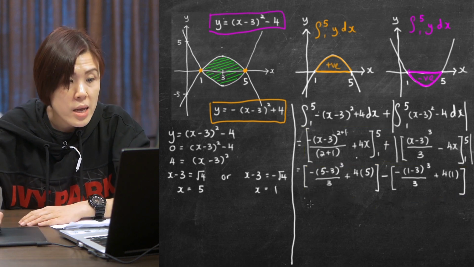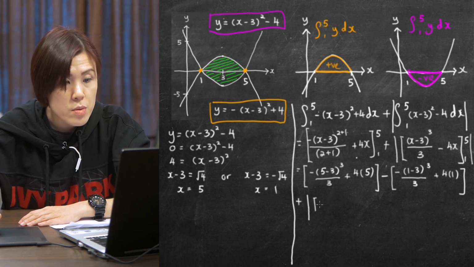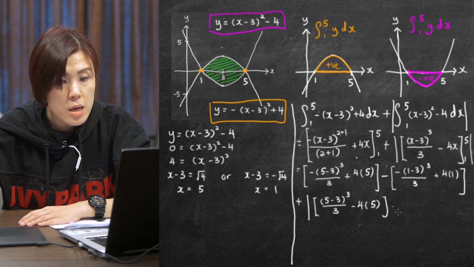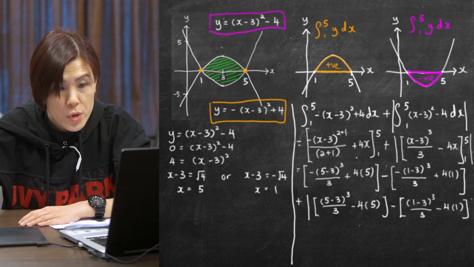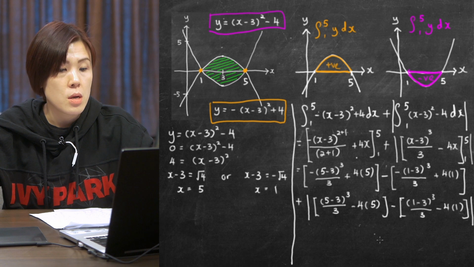So we have to add the modulus, of when you put in 5, power 3 over 3 minus 4 times 5, and then followed by substitution of 1. Modulus of this value.